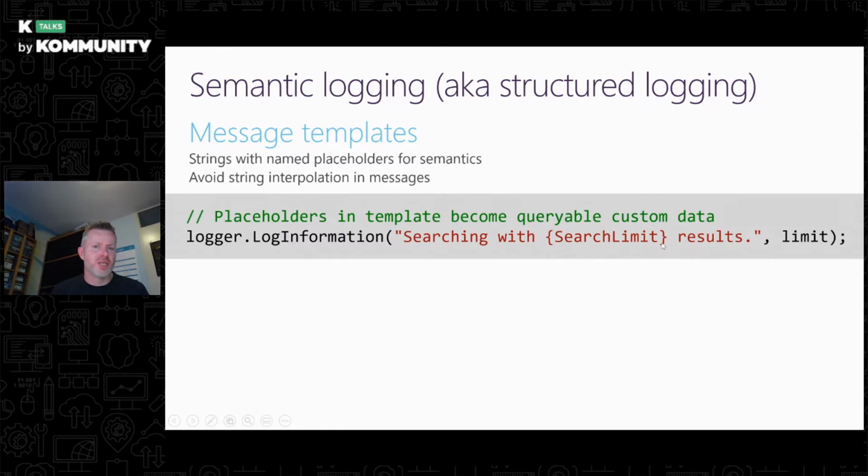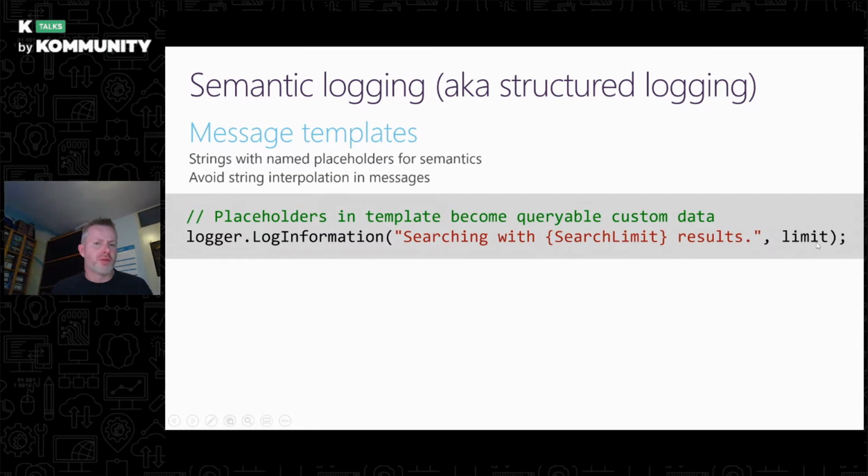This is where you need to give it some thought. What are good terms? Because this will surface as the metadata. In this message template, there's a part that says search limit, and it has a value, and the value is located at the end. If you want to have more of those placeholders, it's just positional. So it's 1, 2, 3, and at the end there's 1, 2, 3.